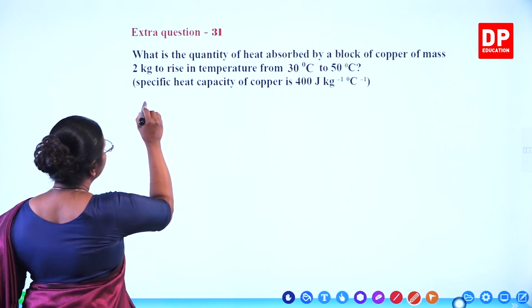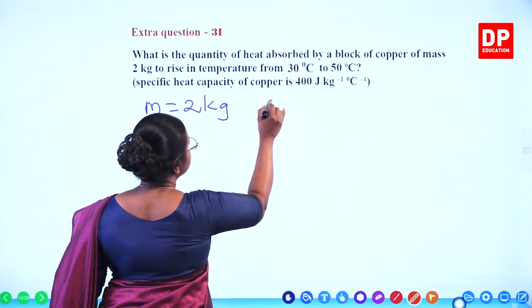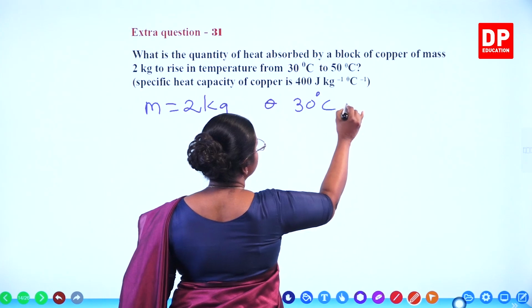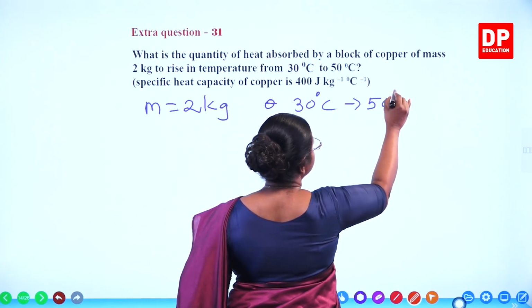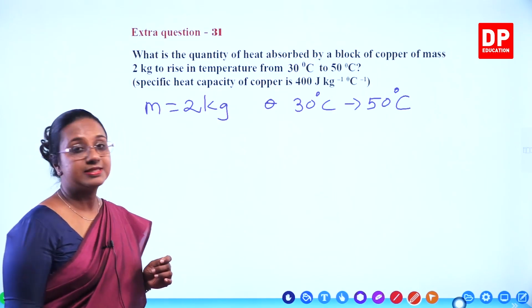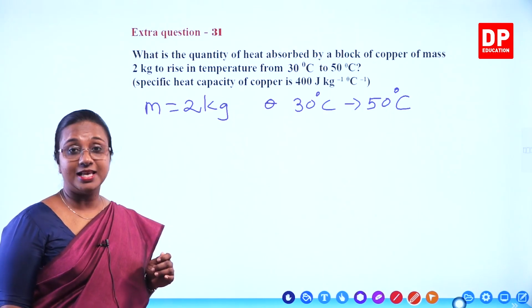So, as we do normally, mass is 2 kilograms. And you can see temperature changes from 30 degrees Celsius to 50 degrees Celsius. And the specific heat capacity of copper is given to you as 400 joule per kilogram per degrees Celsius.